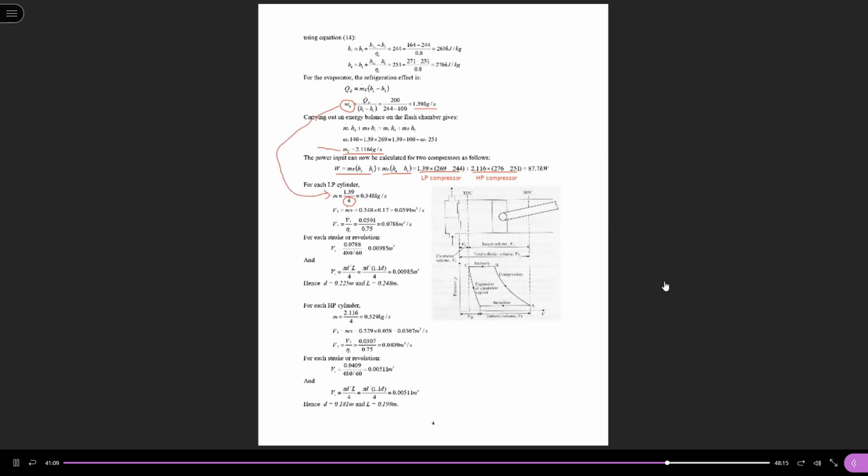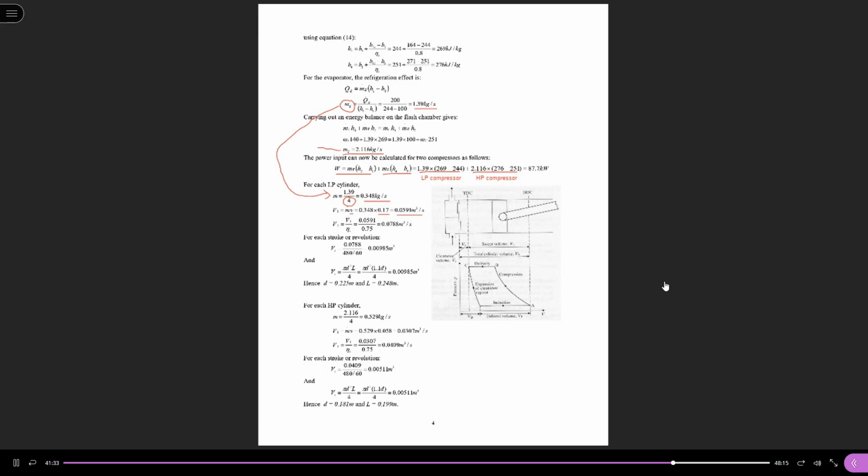Then we have the mass flow rate of refrigerant. As we know, for state 1, this is its specific volume, then we can calculate at the beginning.